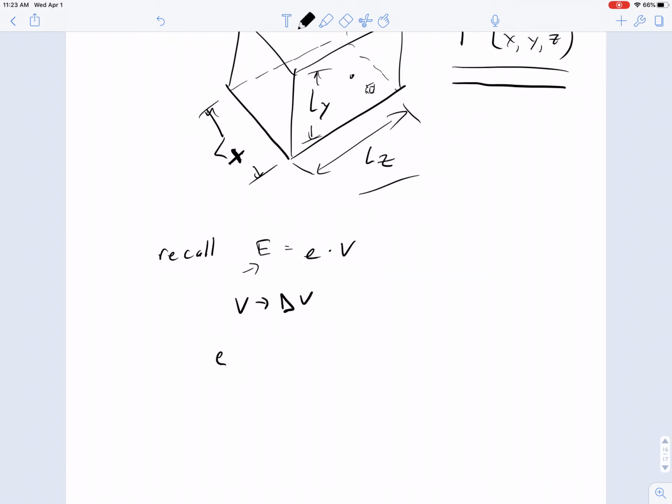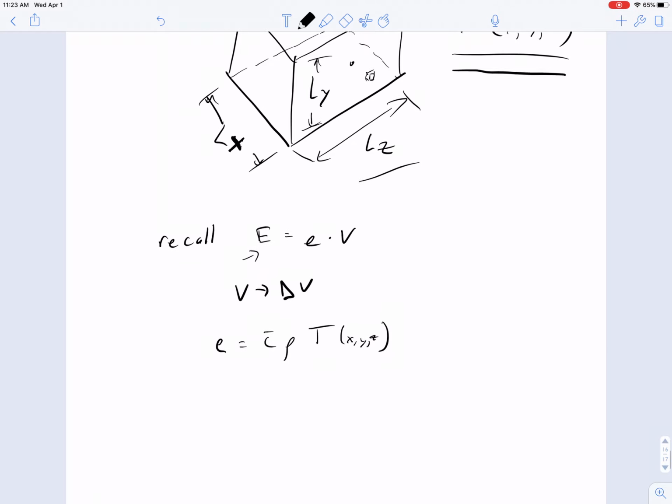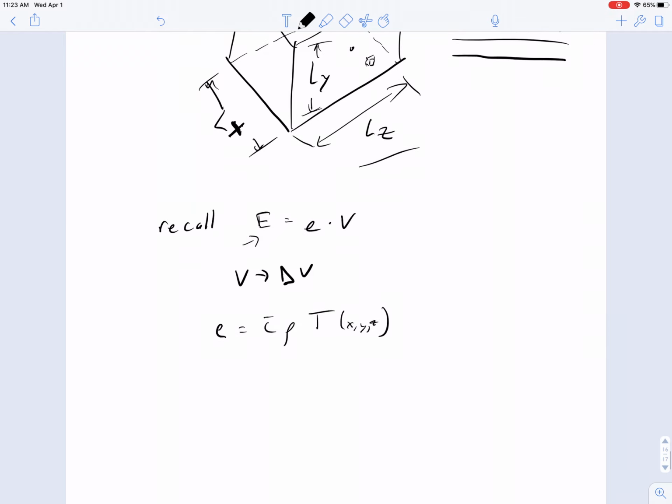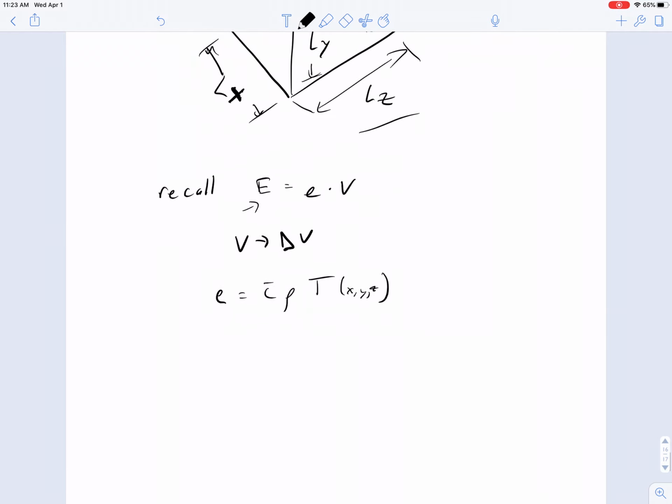So the local energy density is equal to the specific heat capacity times density times the temperature at that position in space in that object. As you get smaller and smaller, recall that the energy we calculate is always relative to some reference temperature energy.